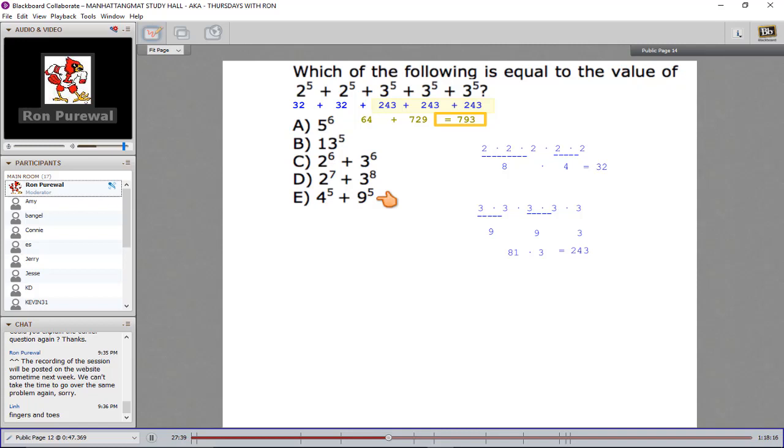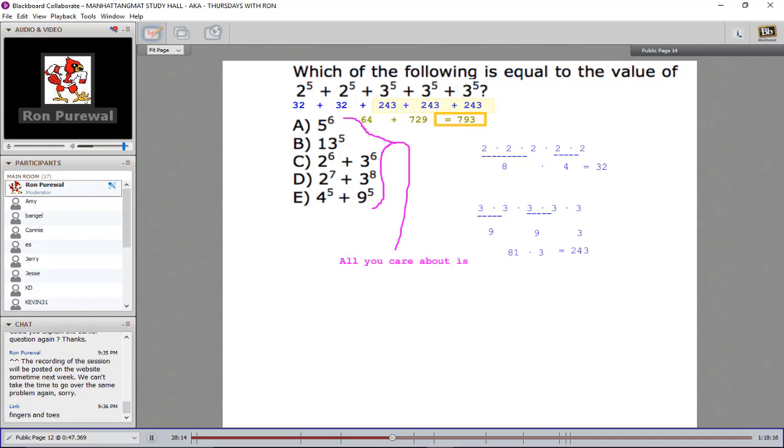What's all that we care about there? You just care whether or not it equals this. A lot of people just go on autopilot and actually calculate out the values of all 5 answer choices, but don't do that. The point here is just to see whether these are equal to 793 or not. That's all you care about.